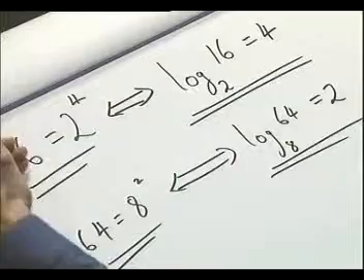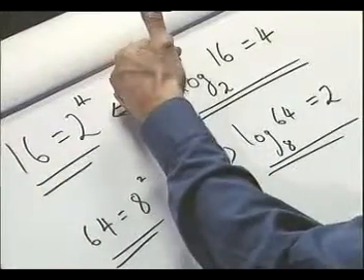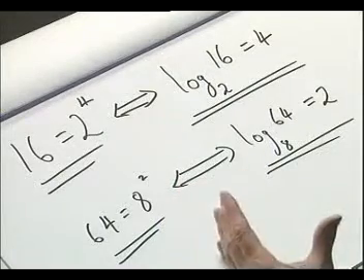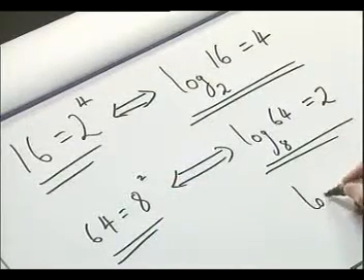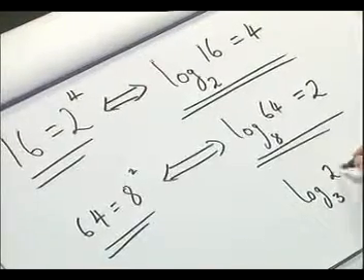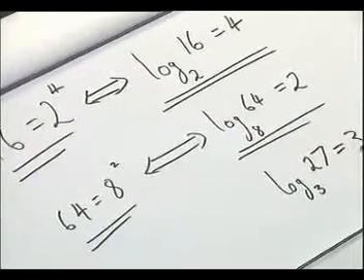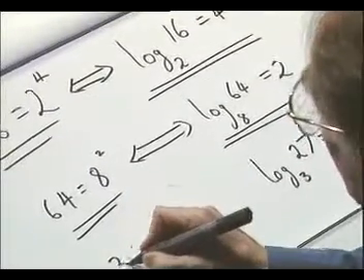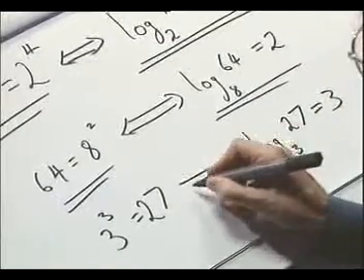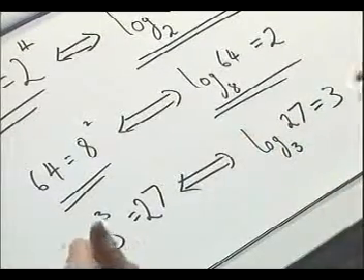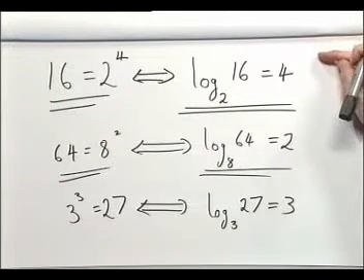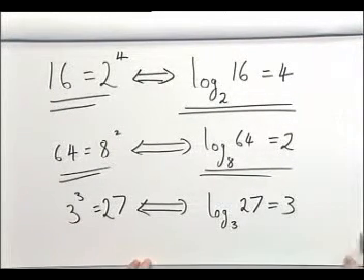So if I write a statement down this side, it's exactly the same statement written down here. They both mean the same thing. So if on this side I say the log to base 3 of 27 is 3, what I am saying is that 3 to the power 3 is equal to 27. So these statements down the left here are exactly the same as these statements down the right.